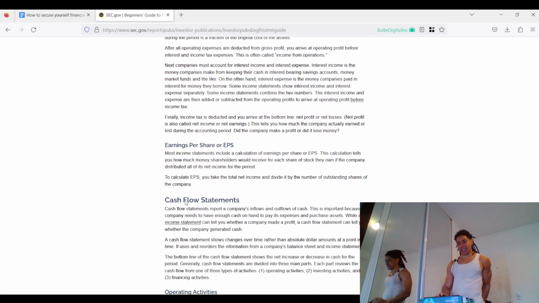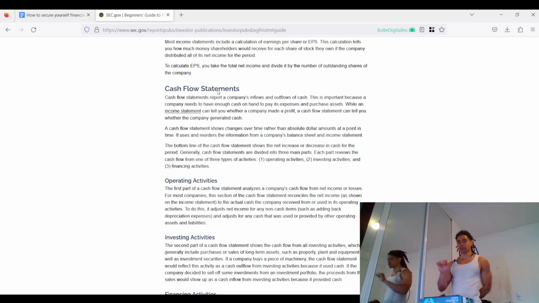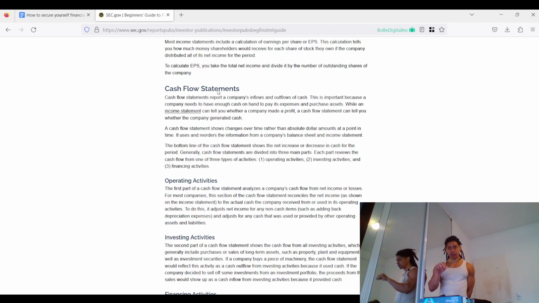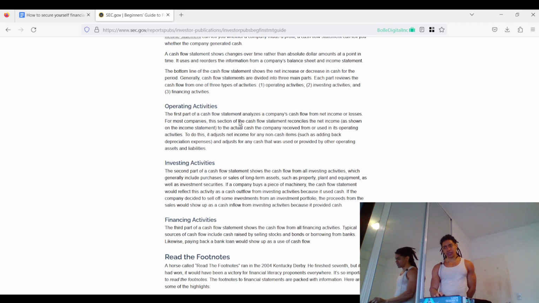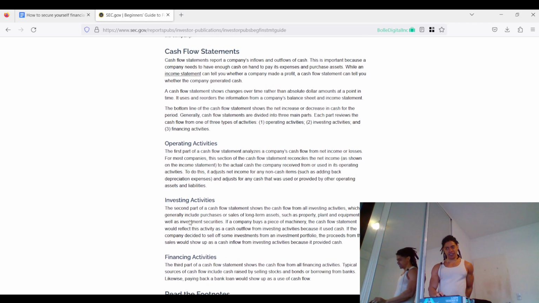The cash flow reviews cash from three activities: operations, investing, and financing. At the bottom line of the statement, it shows you the net increase or decrease in cash.